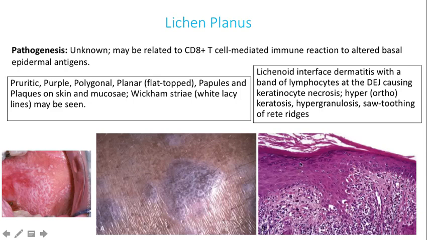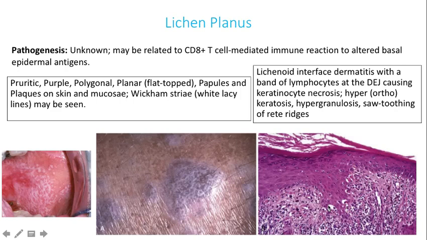Underneath that, we have a prominent granular layer, which may also be contributing to the white lines that you see clinically. And then we have acanthosis with sawtoothing of the rete. By that, I mean that these rete have pointed, jagged ends.